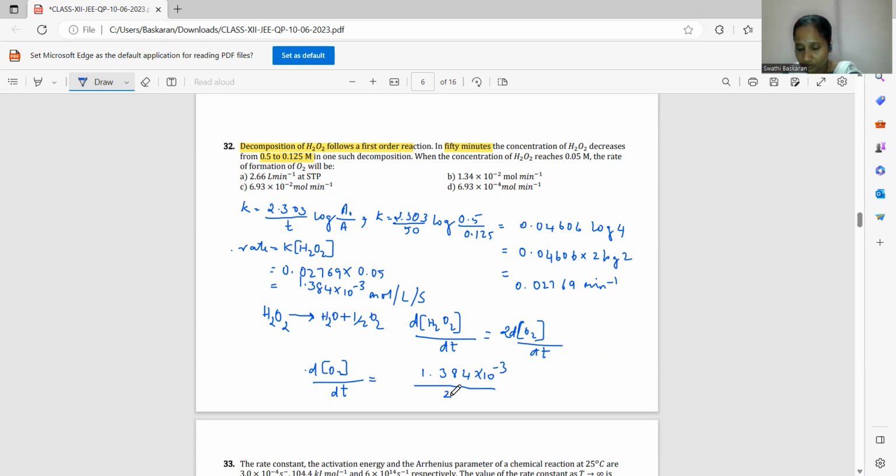So when you simplify this, you get a value which is nothing but 6.93 into 10 power minus 4, okay, mole per minute. So which option is correct? Mole per minute. So which option is correct, students? So option D is correct.